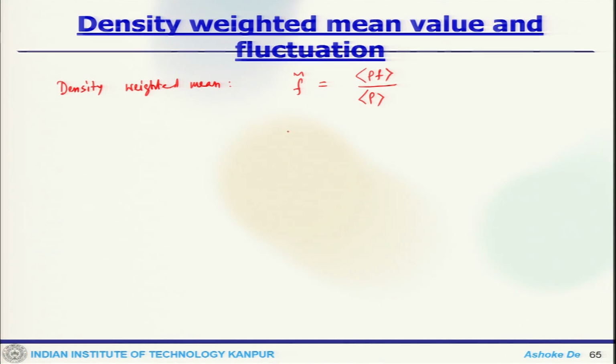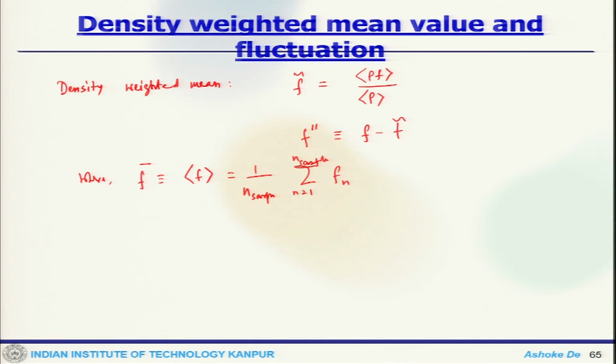Then the fluctuation relative to the density weighted mean would be F double prime, which is F minus F tilde, where we have seen the F, which is the ensemble average, is the summation over 1 to samples of Fn.